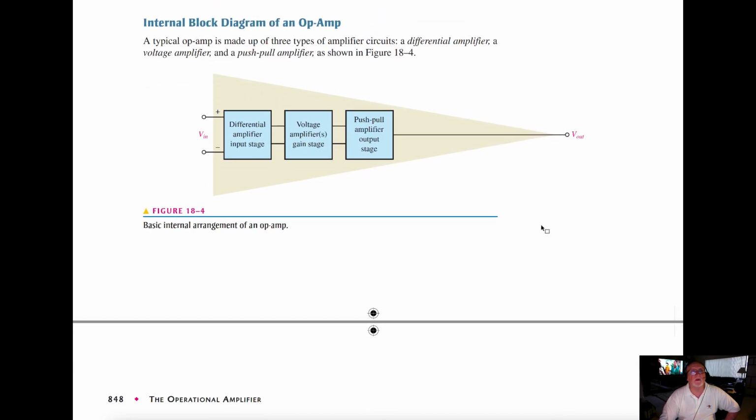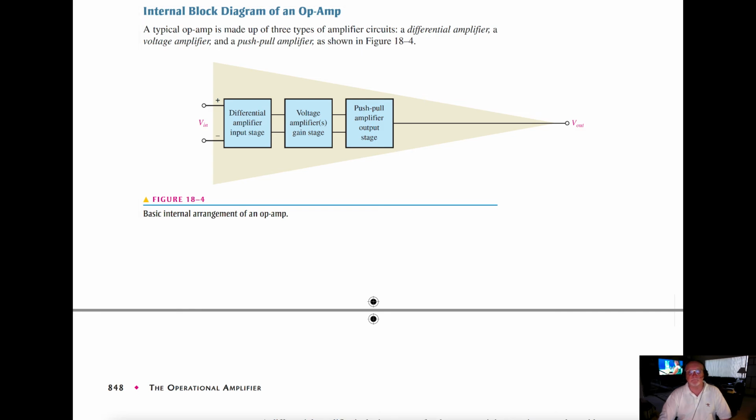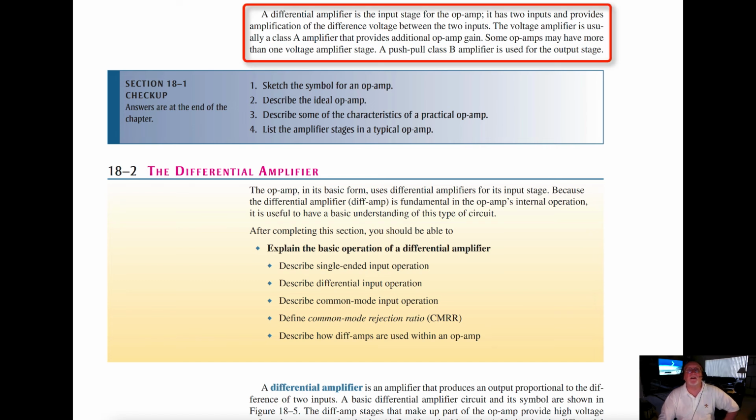The internal block diagram for an op amp shows that it has a differential amplifier input stage, a voltage amplifier gain stage, and a push-pull amplifier output stage. A typical op amp is made up of these three different types of amplifier circuits. A differential amplifier is the input stage for the op amp.